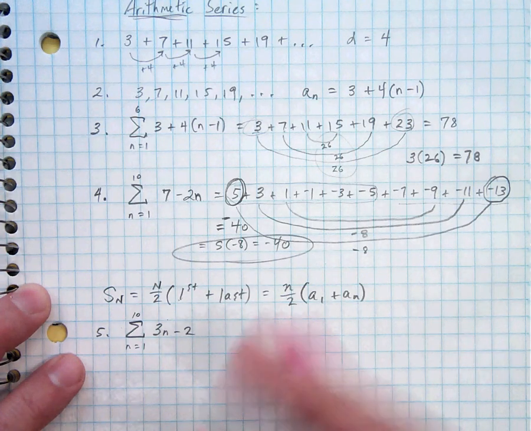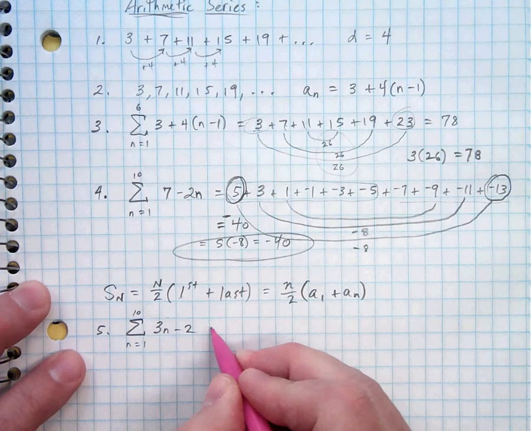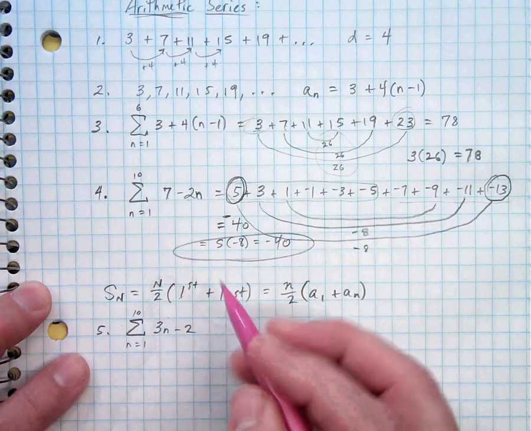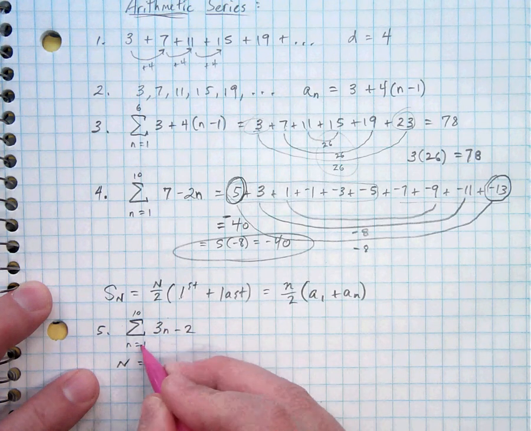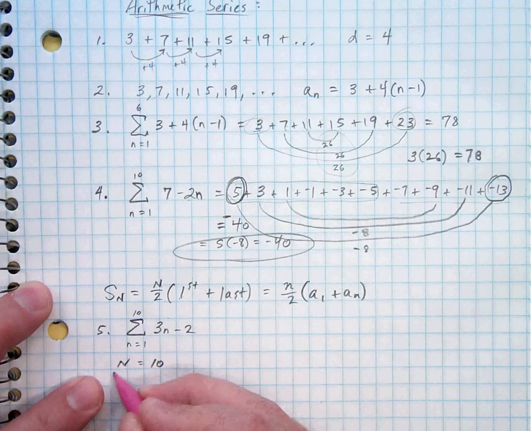All right, so let me give you a minute. Go ahead and see if you can find the answer real quick. All right, so first I need the number of numbers. The number of numbers is 1 to 10, so that's obviously 10. I need the first number.